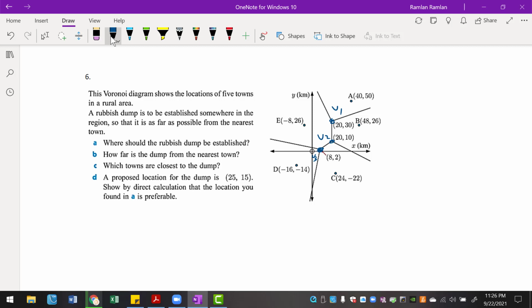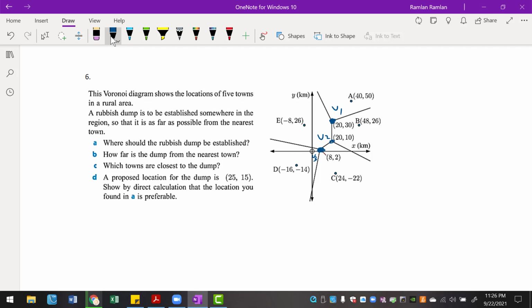So let's say I pick V1. It is going to be very far from D, but it's going to be very close to A. So we cannot choose V1, because that is going to be too near to point A. Now what if we pick V3?